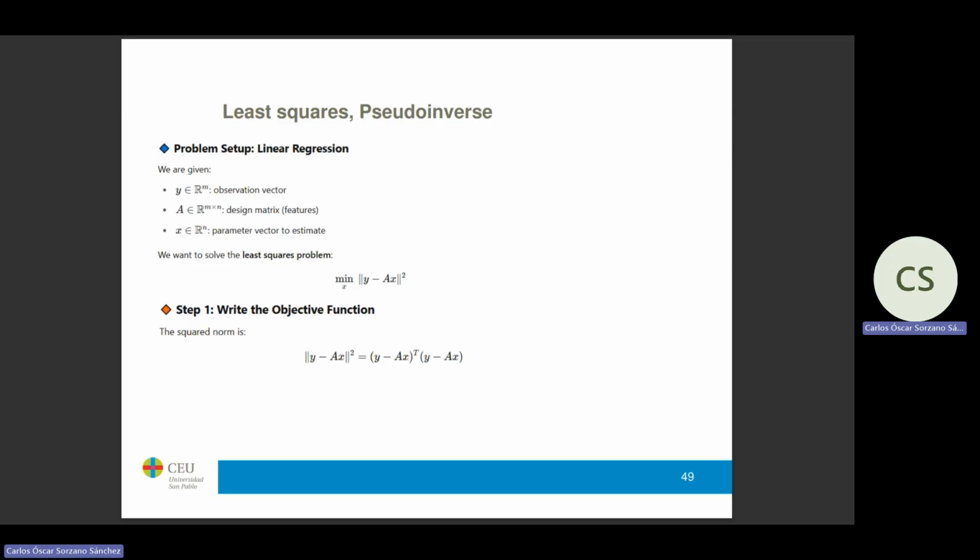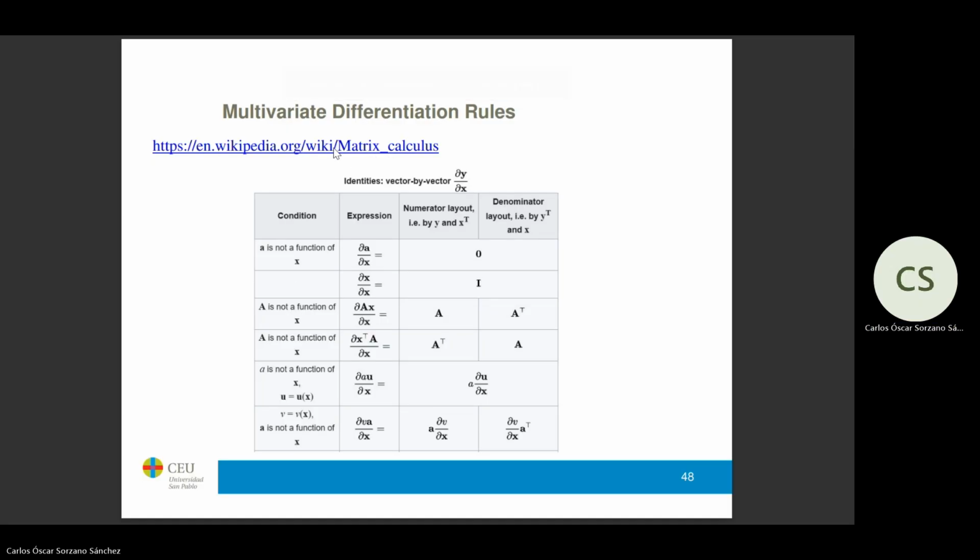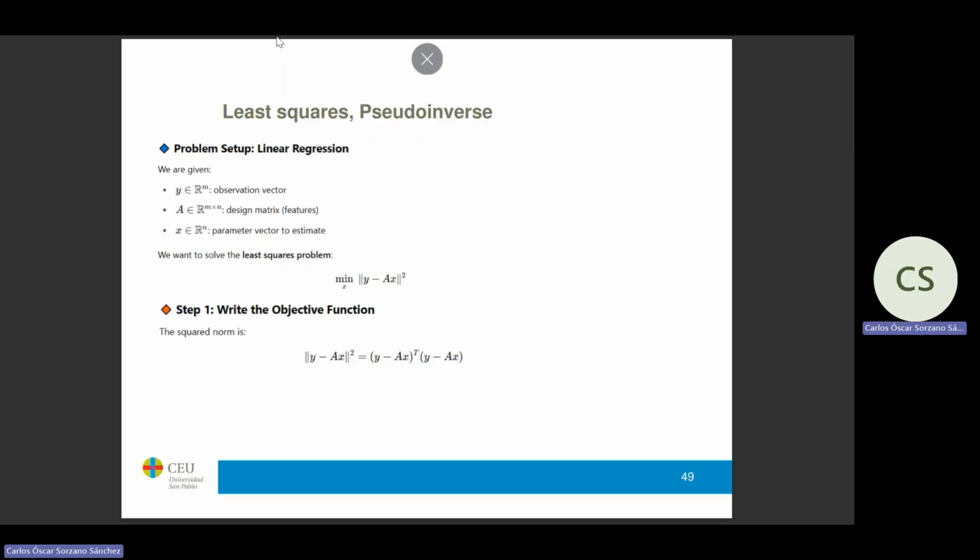Okay, now let's use that table. I have just copied the beginning of it, but the full table is longer. So let's use that for solving a very well-known problem. We presented this problem yesterday: least squares.